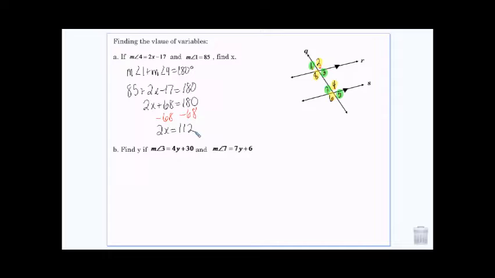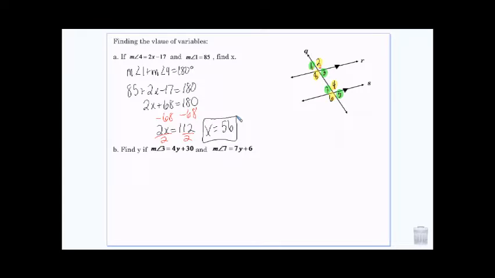Divide both sides by 2. That's one scenario where you'll have two things that add up to 180.